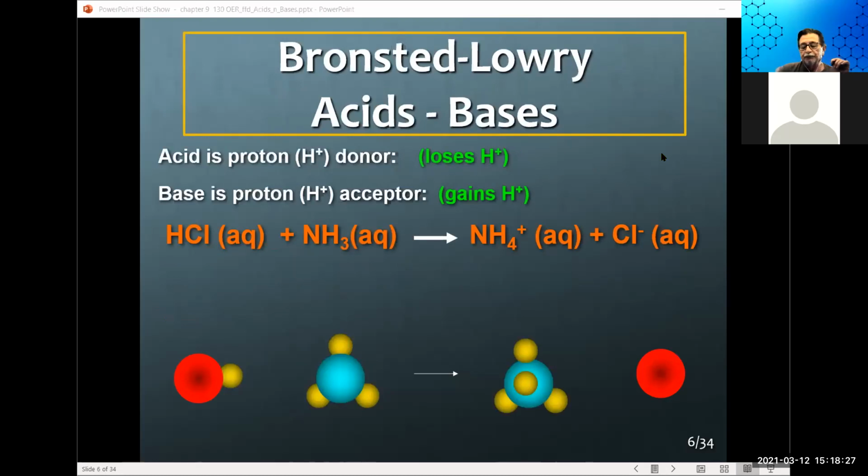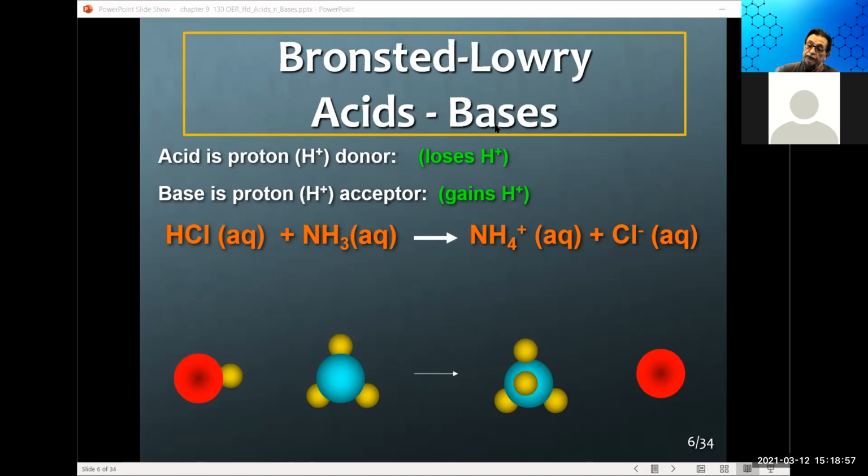Now, unfortunately, up to this time, the Arrhenius definition only dealt with the hydroxide, okay? Well, there were scenarios where there was no hydroxide involvement, but yet the acid was being neutralized. And so an additional definition had to be made. And hence we end up with the Bronsted-Lowry acid.